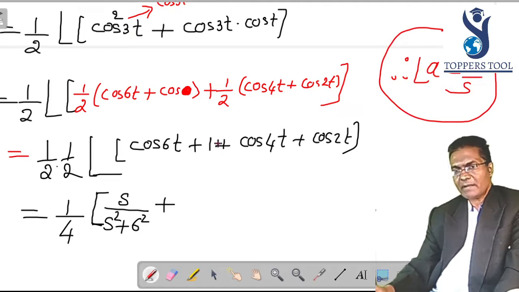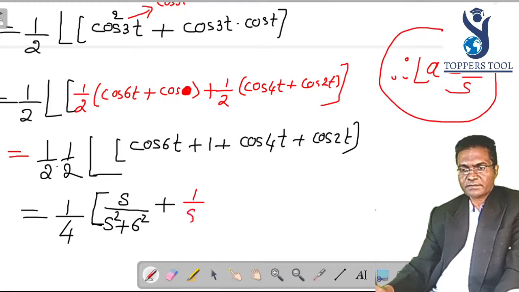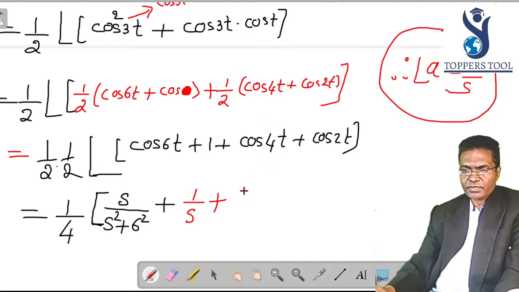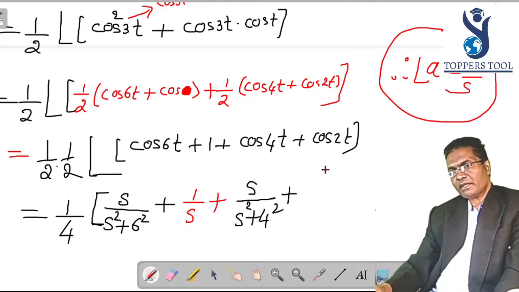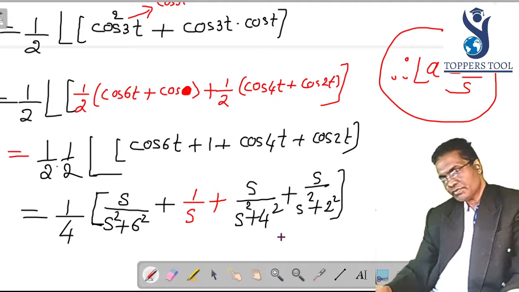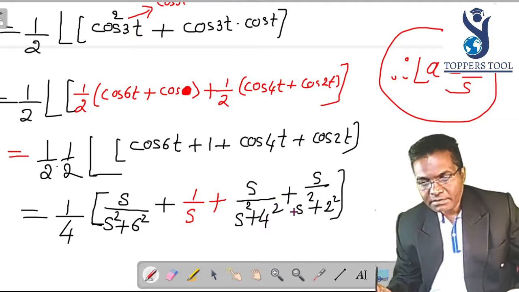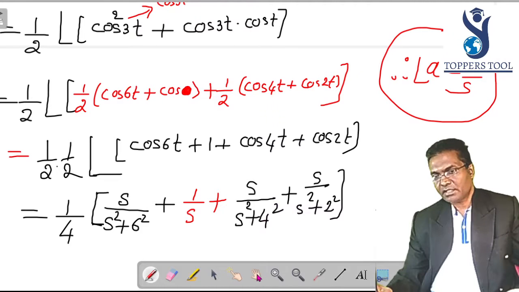So similarly, Laplace transform of 1 is 1 by s. Plus Laplace transform of cos 4t is s by s square plus 4 square. And Laplace transform of cos 2t is s by s square plus 2 square. No need to simplify further. So this is the Laplace transform of the given product. Okay.